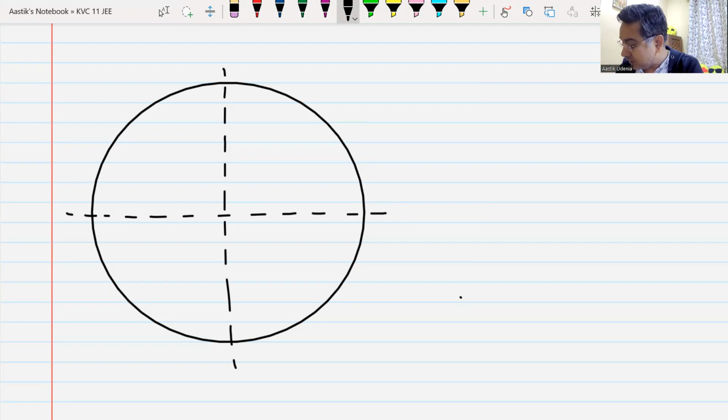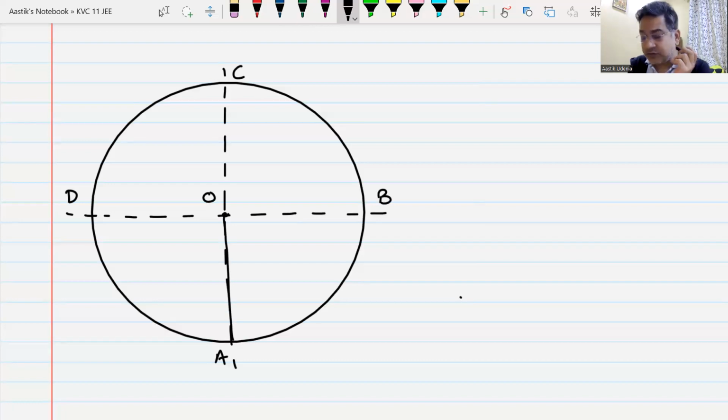Now I come back to the same thing. Now I had this point A, I had this point B, C, D. All these points were done and understood. Now let me move to some point in between here, and let me call this point E, and let me call the angle theta.